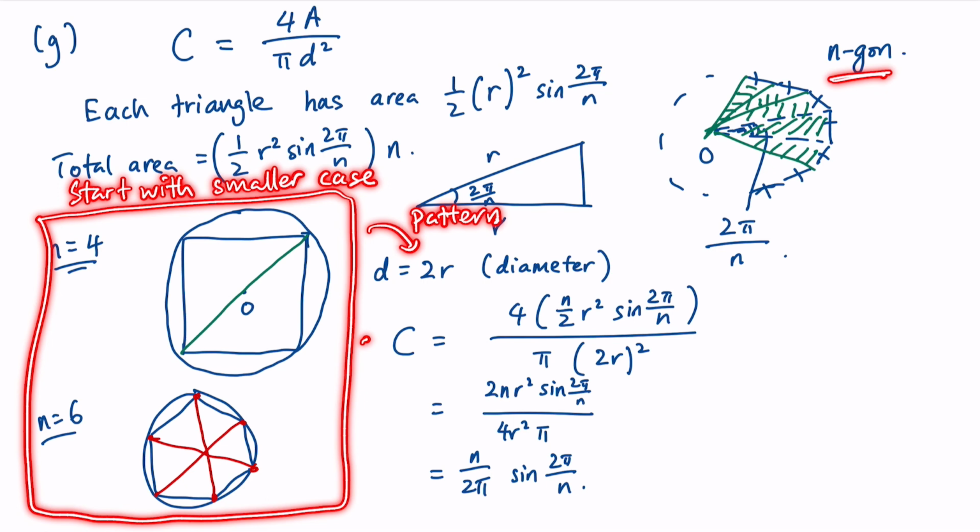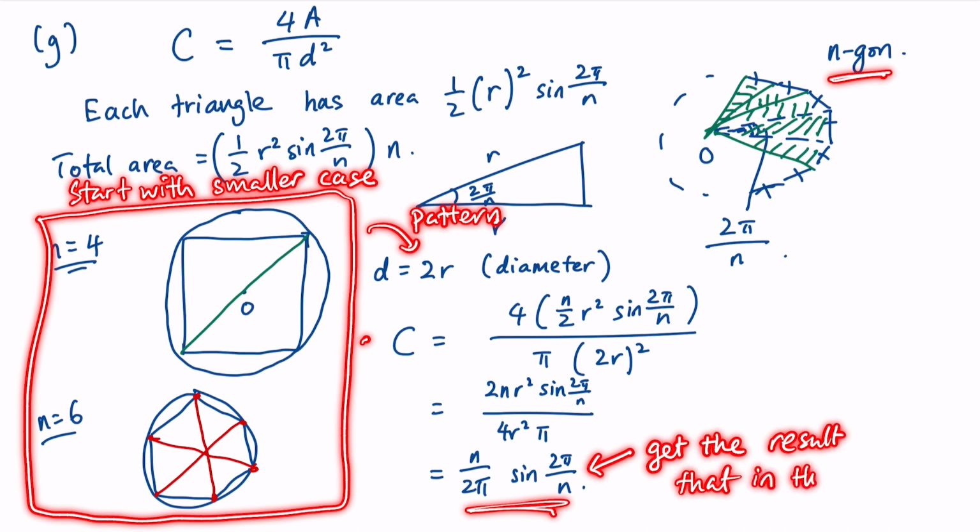In fact, you are given a result that you need to work towards. So another confirmation that you have is that when we get this, we got the result that is in the question. Since we got the result that's in the question, it makes my initial hypothesis more believable, even though I didn't actually give an exact proof for it.